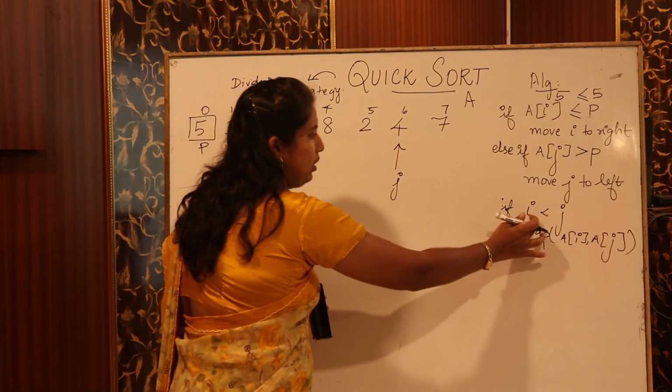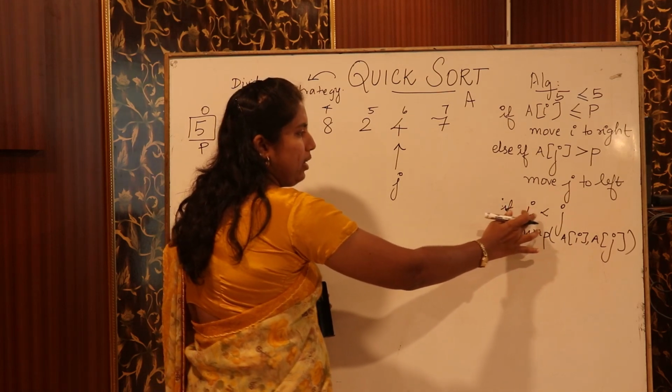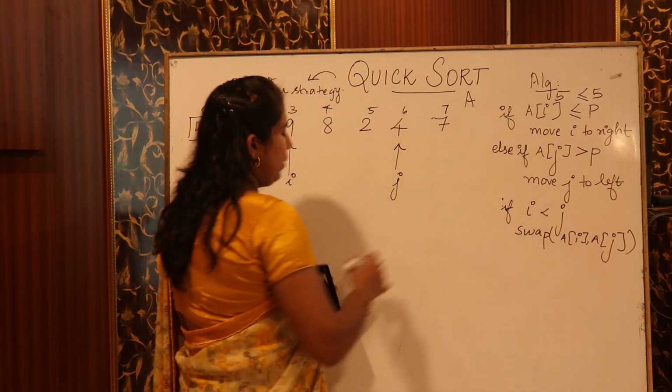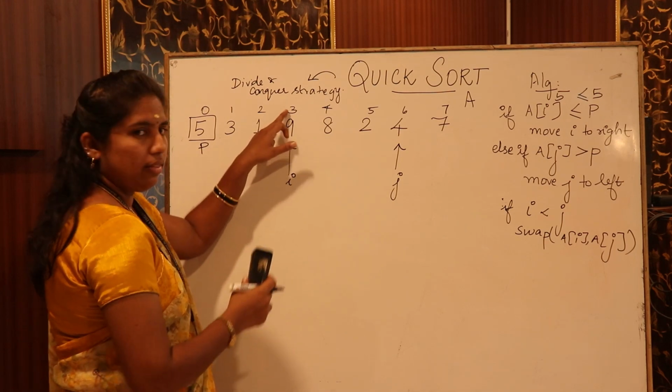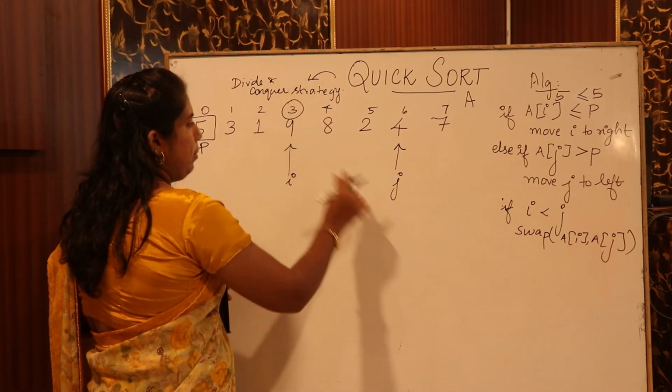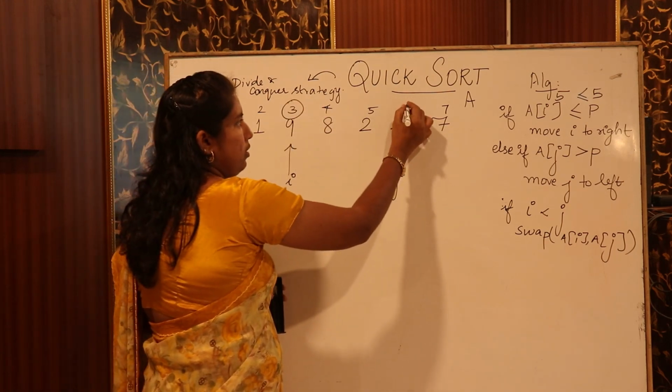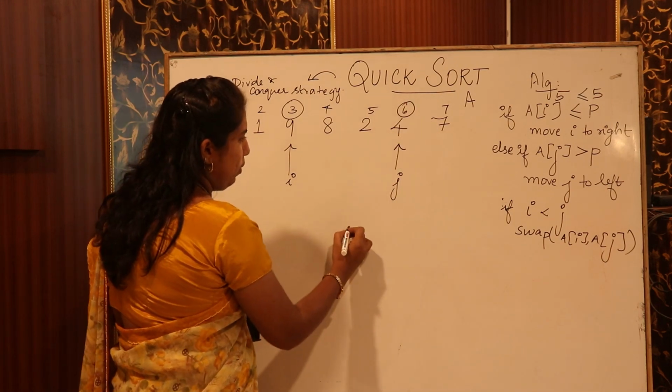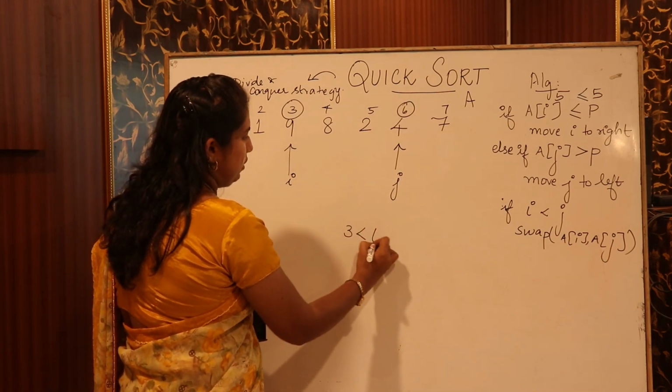So if my I is less than J, actually my ith index value is 3 and my jth index is 6. So I will be checking one condition now. 3 is less than 6.